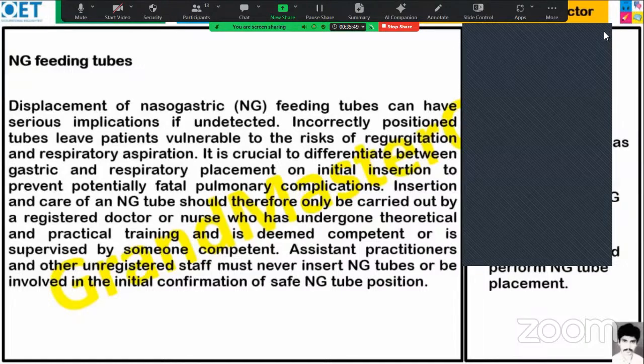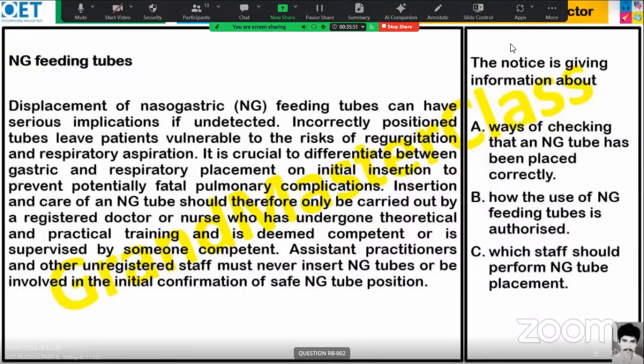Work hard. Now we are focusing on part B. Now let us see here.